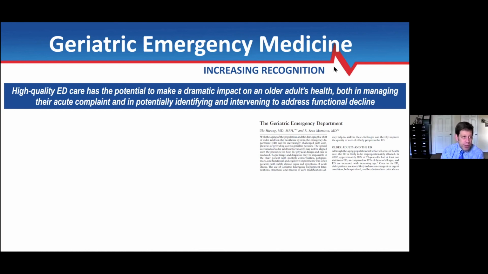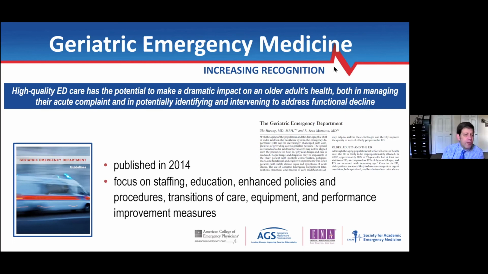Perhaps we should be focusing on not only care protocols, but also physical changes and methodology changes to focus on an emergency department that is geriatric friendly. In 2014, geriatric emergency guidelines were published. These were a co-effort of the American College of Emergency Physicians, American Geriatric Society, the Emergency Nurses Association, and of course, the Society for Academic Emergency Medicine.